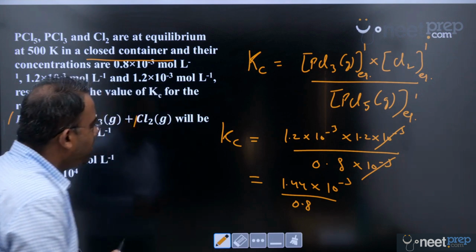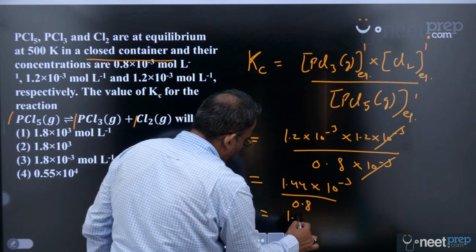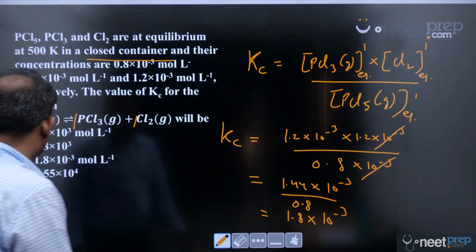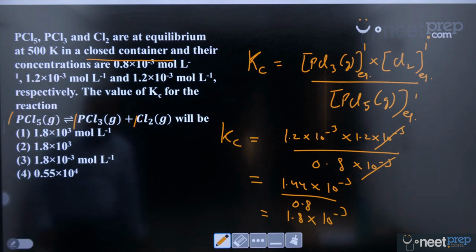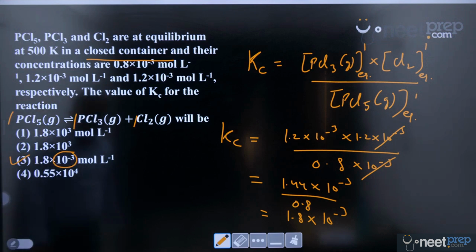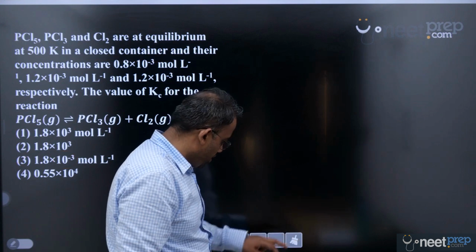If I divide 144 by 8, it will be 18. So in this case, it will be 1.8 into 10 to the power minus 3. Which option is the correct option? The third option is the correct option. Fair enough.